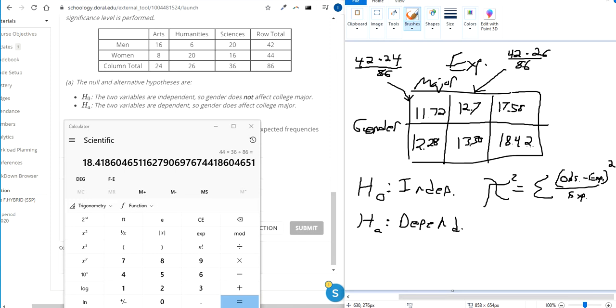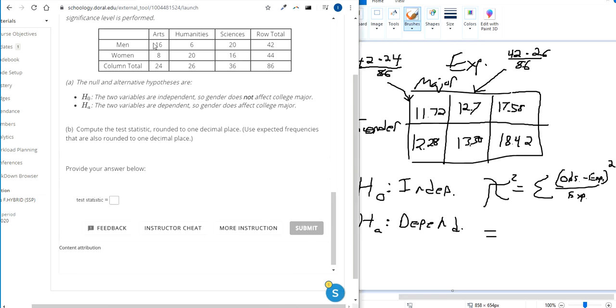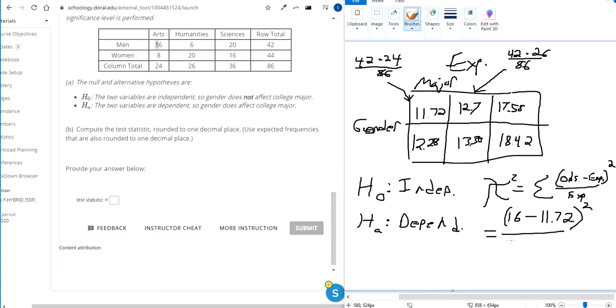Now we can finally calculate the chi-square test statistic. It's found by taking each observed value. Men in the arts, the observed value was 16. Subtract the expected value that we just found for men in the arts, 11.72. Square the difference, then divide by 11.72. That's the first one.